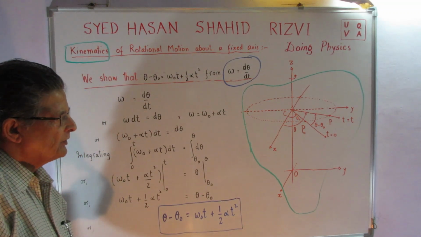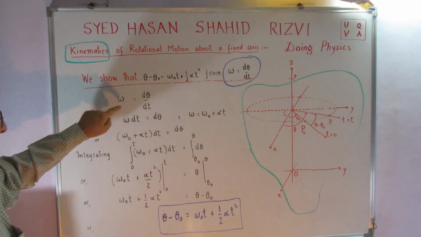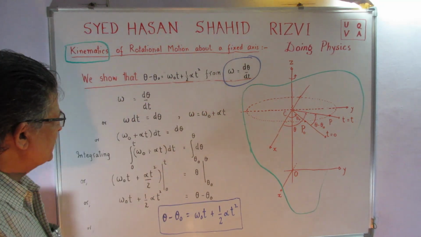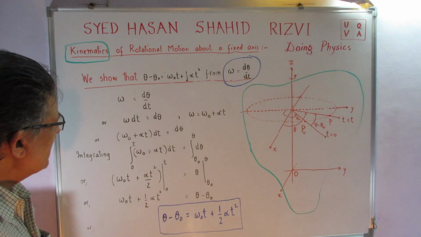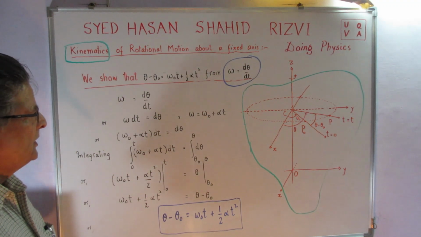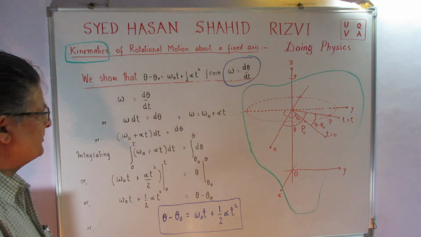So I am just revising it for you. Omega is equal to d theta over dt. I write it from here, from the basic fundamental definition of omega. Here, of course, alpha is a constant like before.